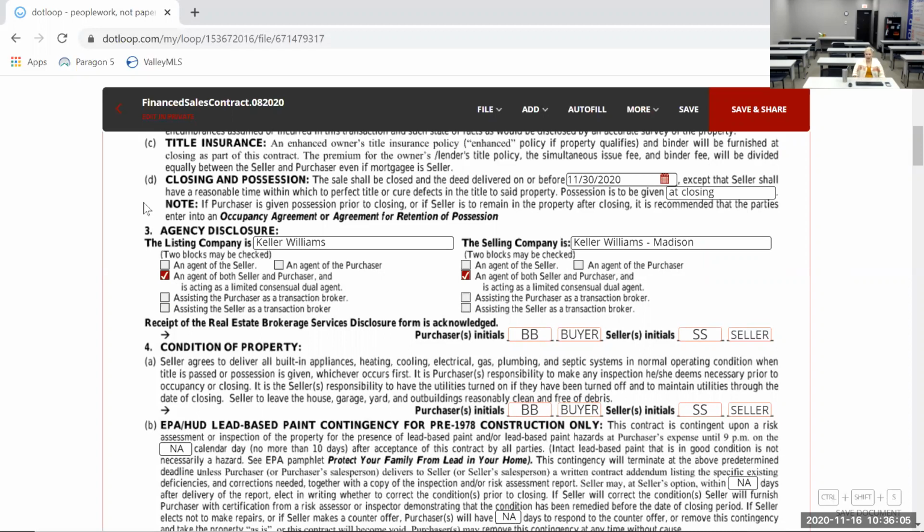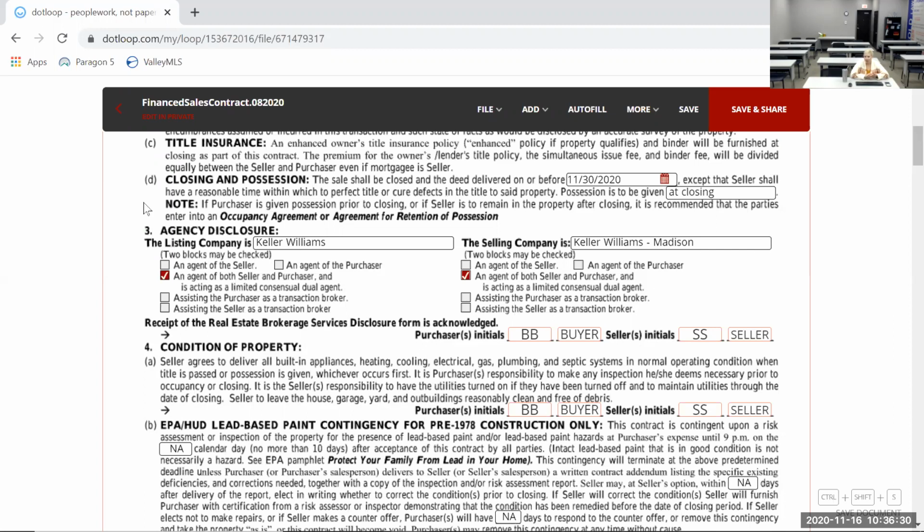If it's a VA or possibly an FHA, but you're not going to have as many issues with FHA. But if it's a VA or a USDA, I would prepare your purchaser for 45 to 60 days. For USDA it's about 60 days. But VA, you're looking at probably a 45-day close.